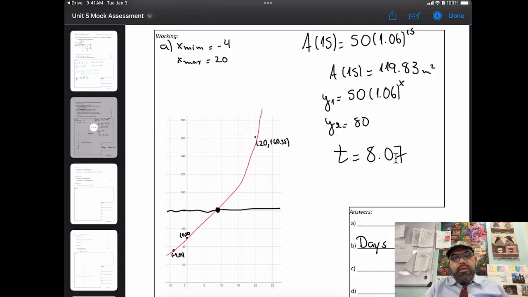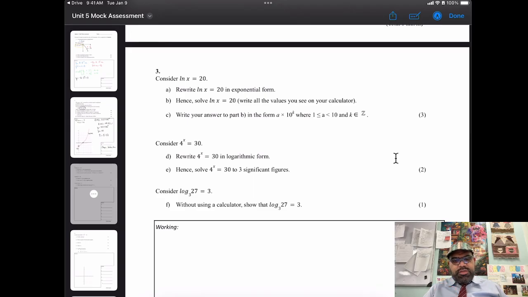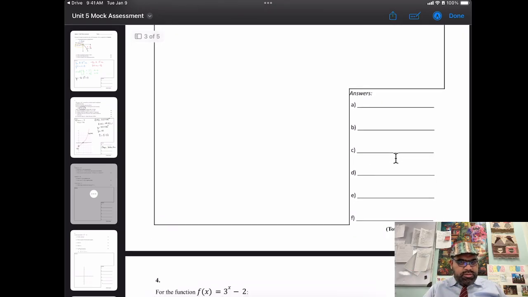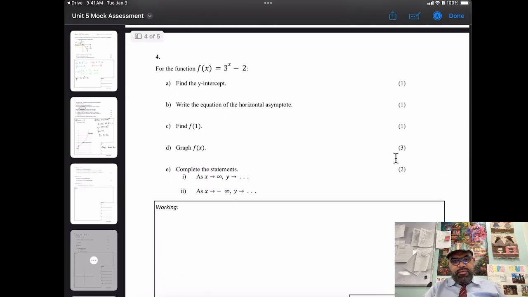Great. Guys, question 3, we didn't cover yet. Just skip question 3. Go to question 4. Question 4 is, for the function f of x equals 3 to the x power minus 2, find the y-intercept.